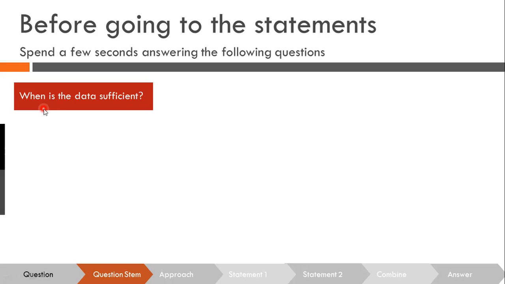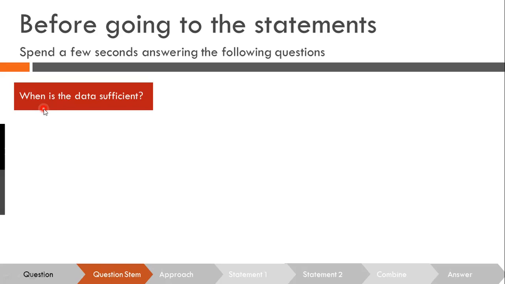When is the data sufficient? If this problem is given to you, only the 6 is given, and with this 6, what will I have to do?